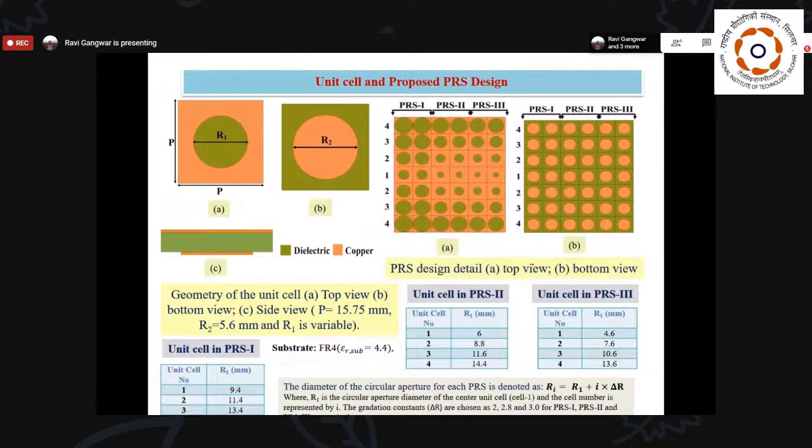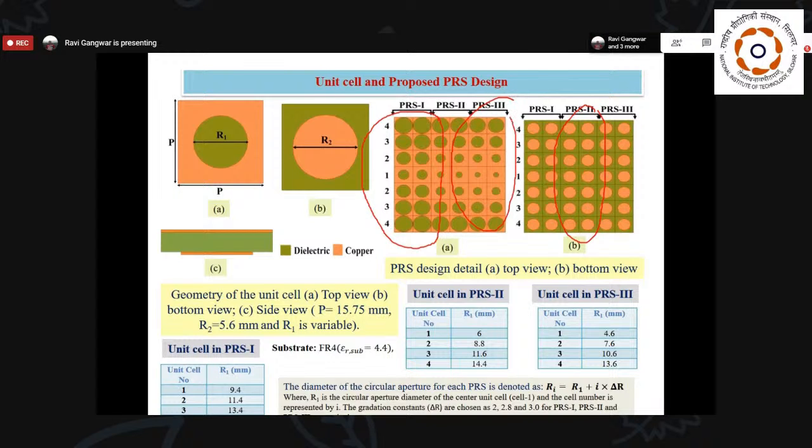So here I am going to use a similar concept, but in place of the triangular structure, here I have used a ring, the circular structure. So you can see that this is the first PRS for your first set of DRAs, then this is the second PRS for your second set of the DRAs, and this is the third PRS.